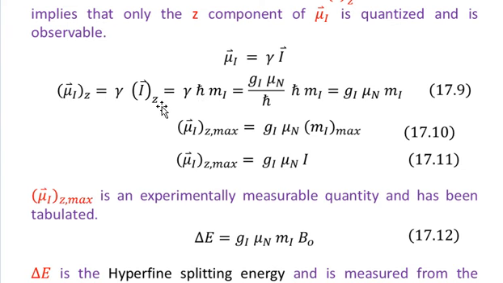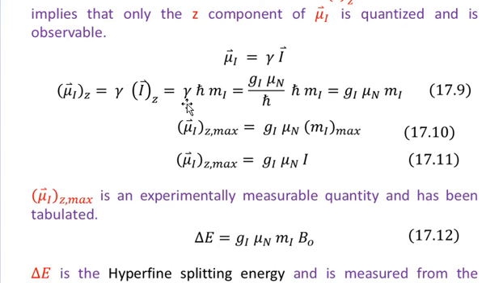Iz, from the previous equation, was defined as mi into h bar, so Iz is equal to h bar into mi. So the z component can be written as gamma into h bar into mi.